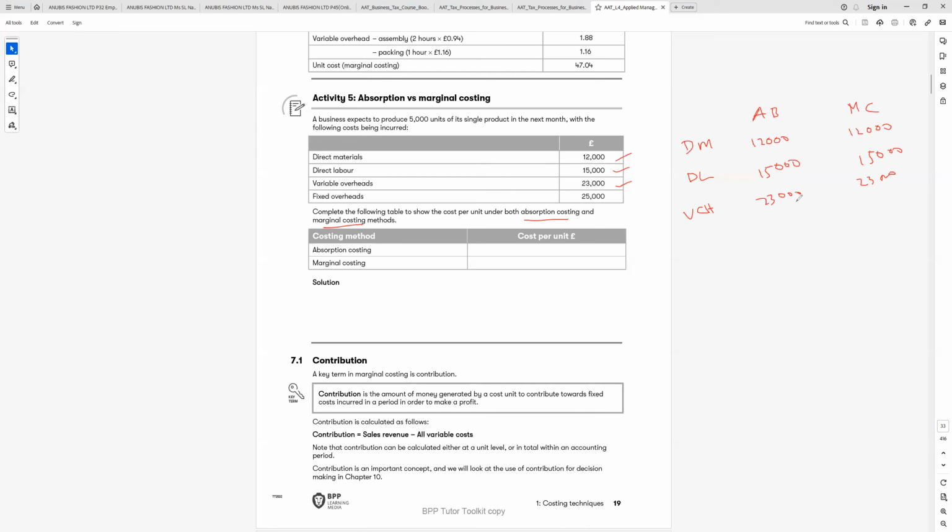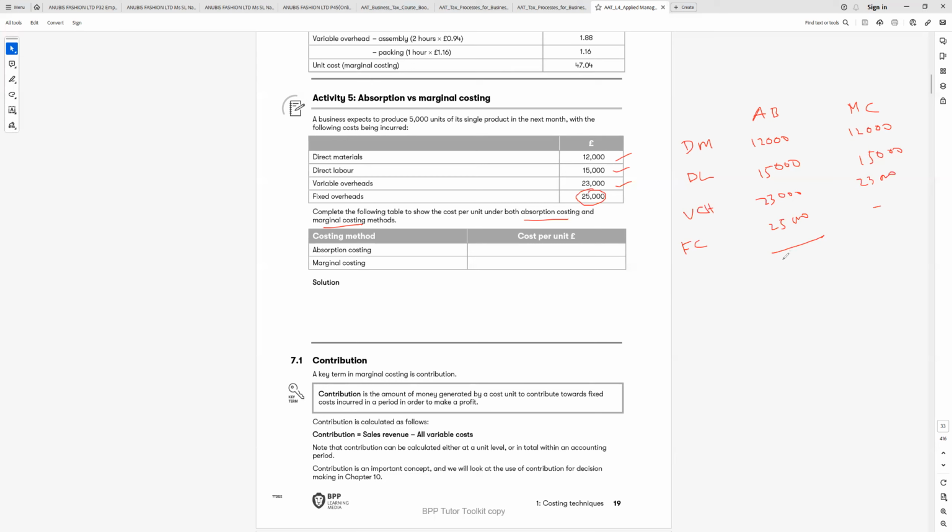So we need to see after that you have a fixed overhead. Now the fixed overhead we need to only include under the absorption costing. So fixed overhead only under the absorption, not on the marginal. Then we make a total.